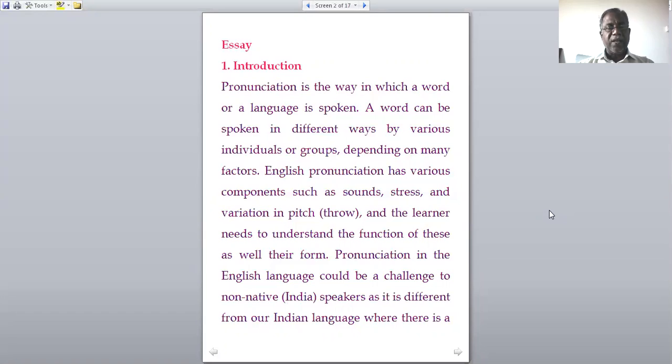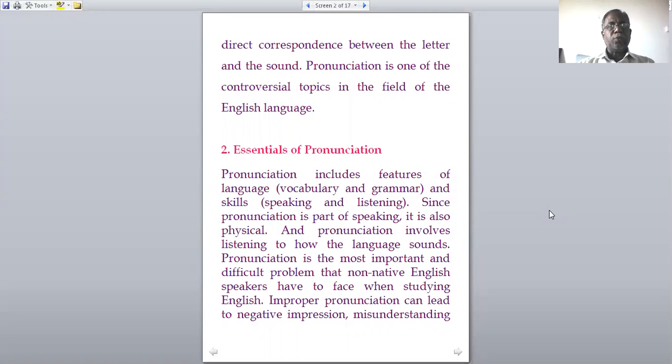Pronunciation in the English language could be a challenge to non-native speakers, as it is different from our Indian languages, where there is a direct correspondence between the letter and the sound.